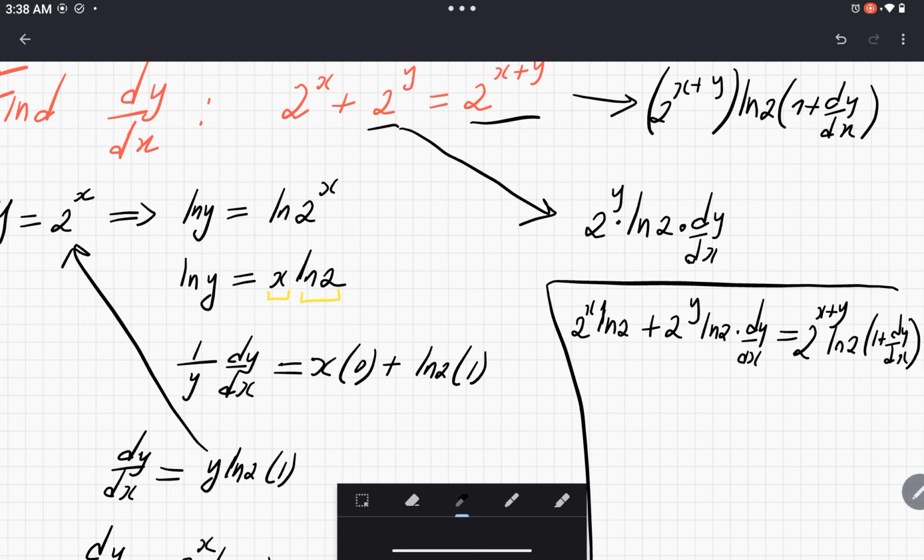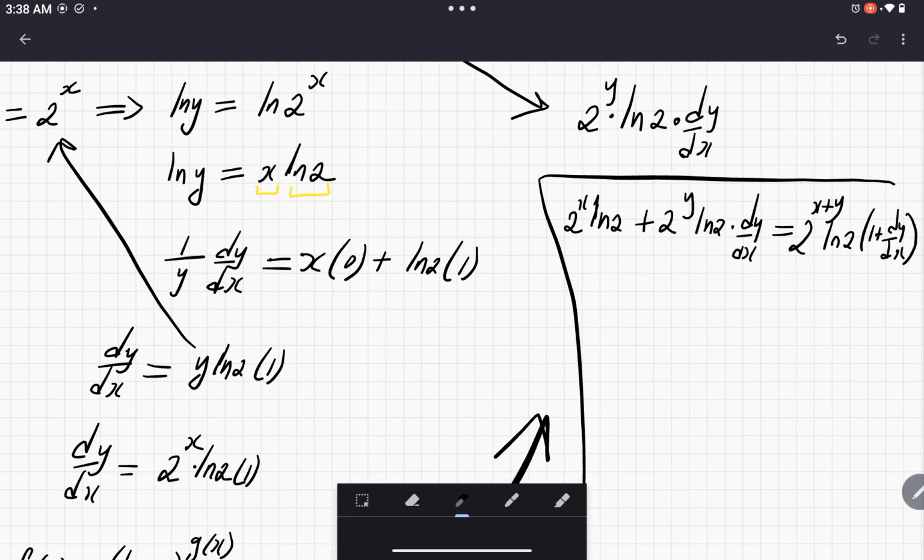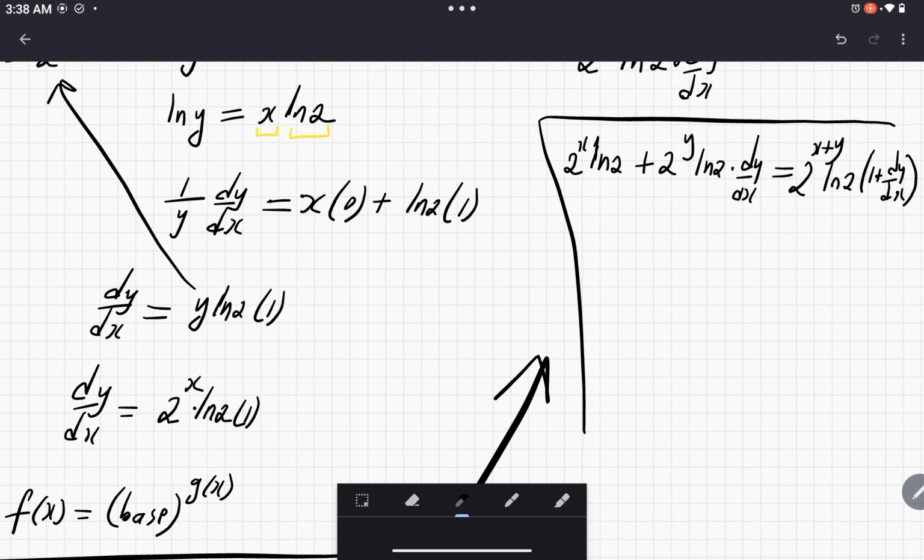Okay, great. Now what we need to do here is simply expand our function, bring like terms together, and make dy dx the subject of the formula. So doing that real quick, we're going to have 2 raised to the power x ln of 2 plus... we also notice that ln of 2 is common throughout, so we're going to cancel out ln of 2 because it's a common factor.